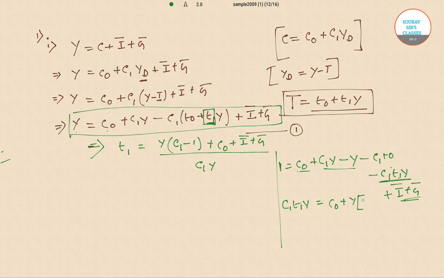If you take Y outside, it will become C1 minus 1, and from here it will become C1 T0, and we have already taken it on the right hand side, so it will be like this.